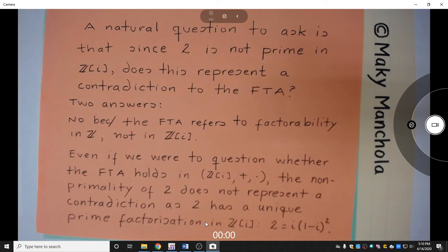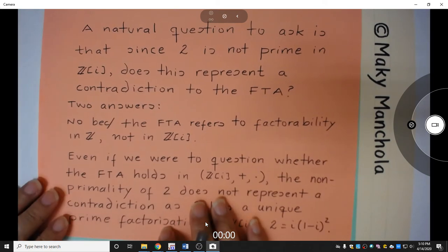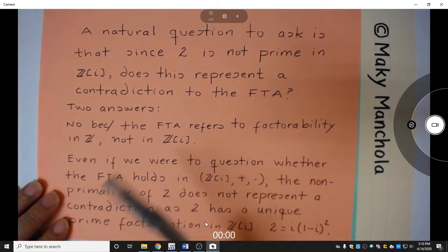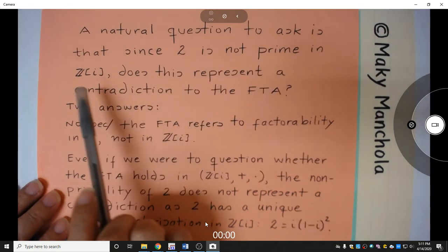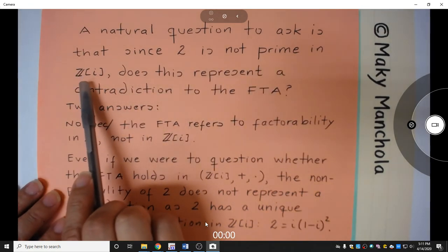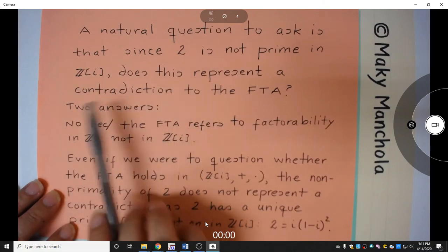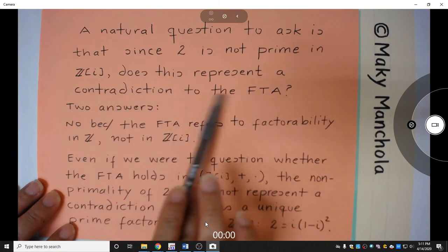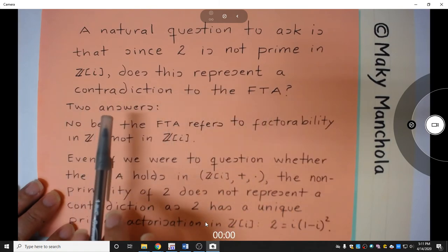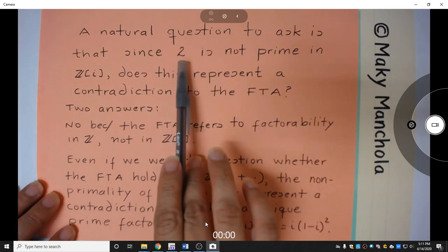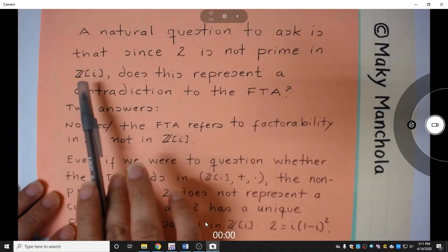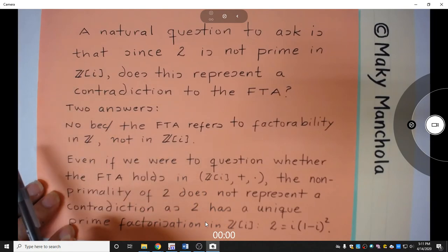So here is a question. Since 2 is not prime in this set of Gaussian integers, does this represent a contradiction to the fundamental theorem of arithmetic? Now, remember, 2 is a prime integer, but it's not a prime in the set of Gaussian integers.